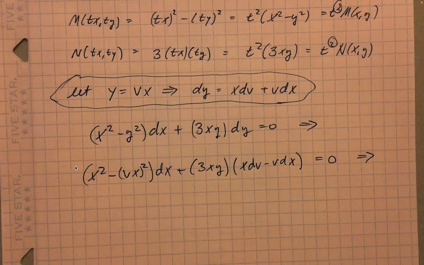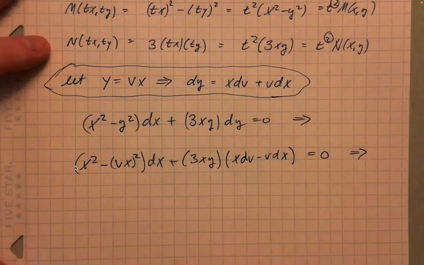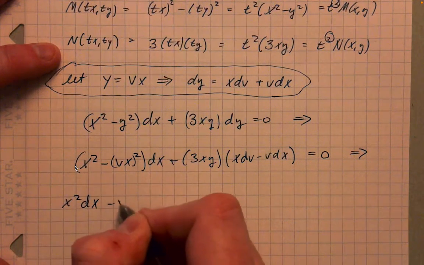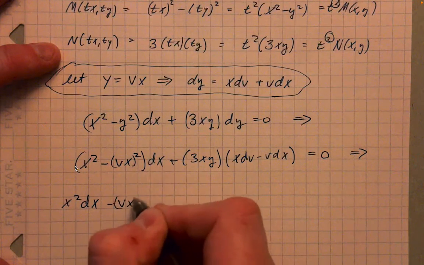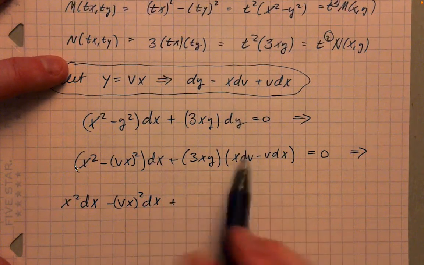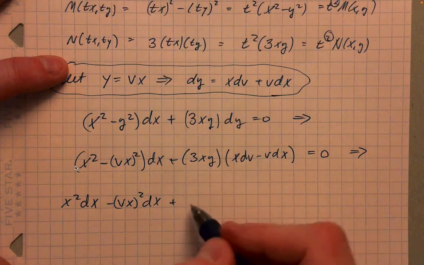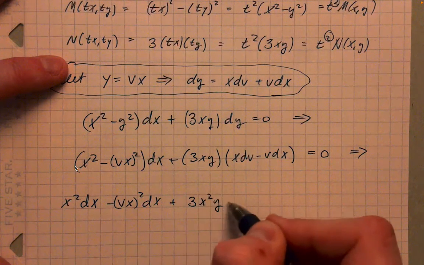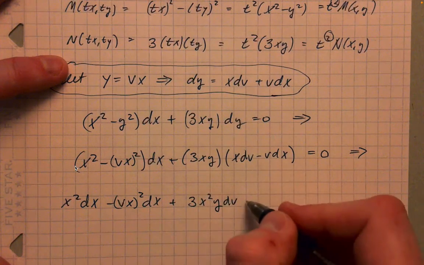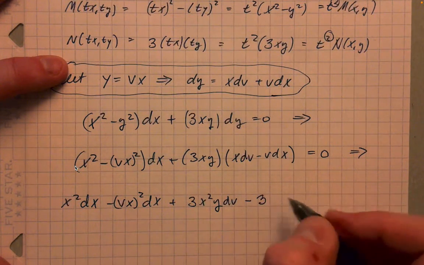Okay, so now we just expand everything. Do all of the expansion here, and we would have x squared dx minus v x squared dx plus, and then this will expand here, so it'd be 3x squared y dv, and then the other two as well.